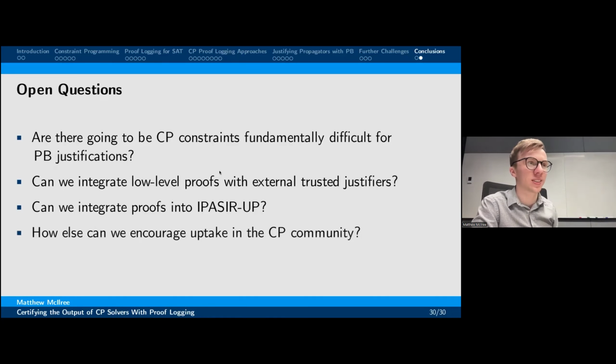and I don't always think that the raw numbers give the best representation of what the practical performance of proof logging in CP would be, because a lot of the time we have not focused on making proof logging efficient.